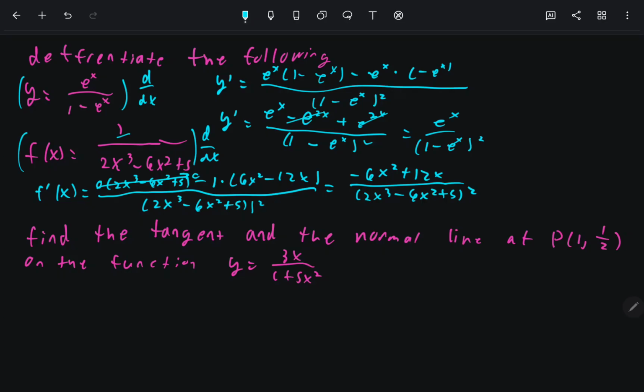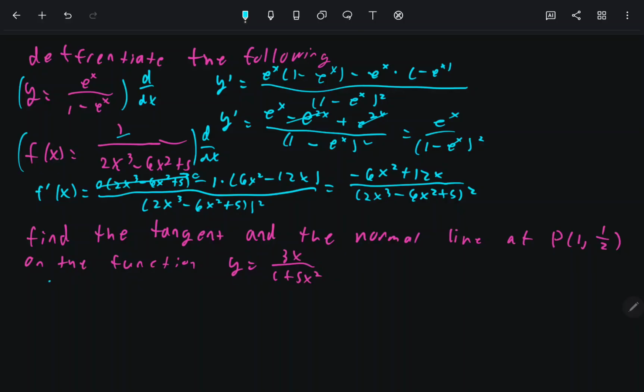Point 1/2. All right. So find the tangent line and the normal line at the point 1/2 on the function y is equal to 3x over 1 plus 5x squared. All right. Well, let's start. First things first, we need to find the derivative of this function.